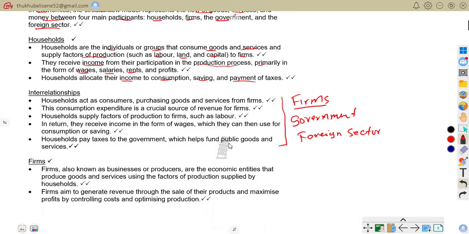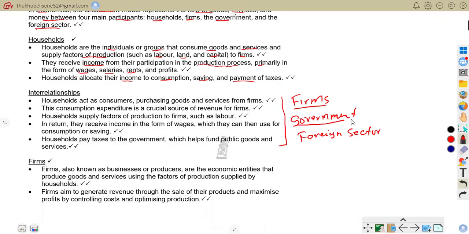To firms, the households sell labor, like we've said. They also receive income, and they also buy goods and services. They can sell labor to our firms, and the laborers working for those firms receive income. Also, from those firms, households can buy goods and services.